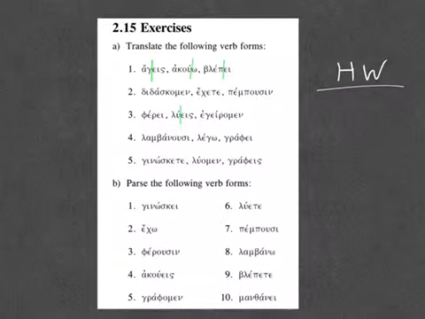So eis is second singular. So lu is loose, and eis is second singular. So that's you. So you loose. Pretty simple. So if you just circle 2 and 4, those are the ones I would like you to try to translate.